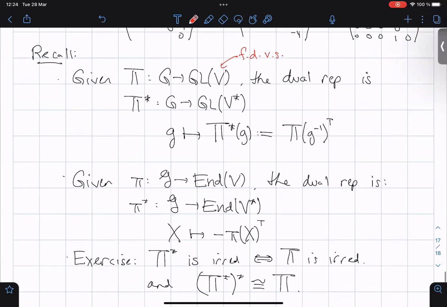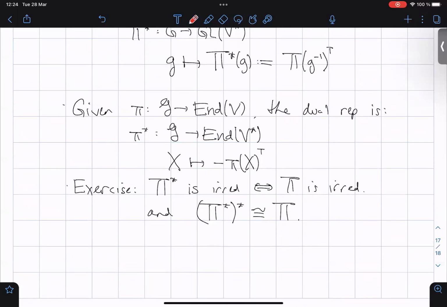So at the vector space level, V star is isomorphic to V. But this is saying at the representation level, which consists of V plus this extra homomorphism.